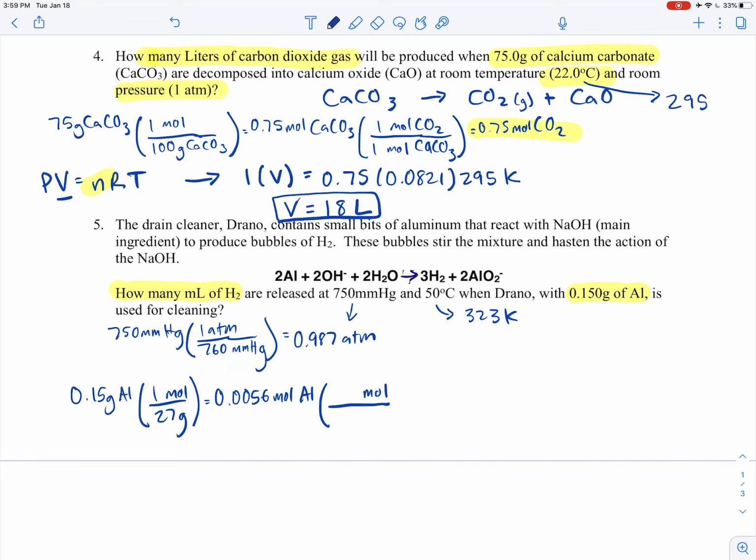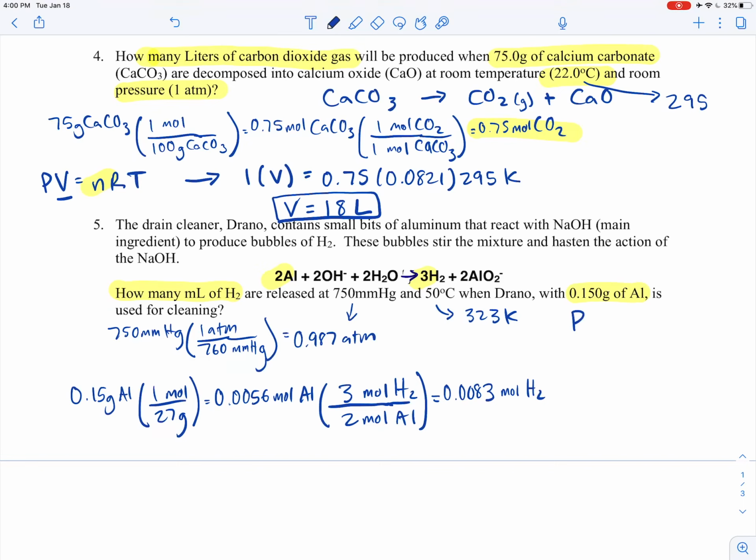But again, we're trying to convert to moles of gas. So here I want moles of H2, and this comes from the mole ratio, so I'm going to look at my coefficients here. So 3 moles of hydrogen for every 2 moles of aluminum.